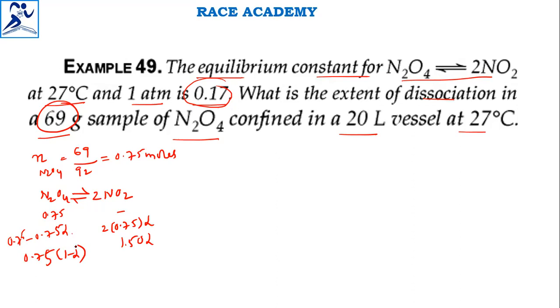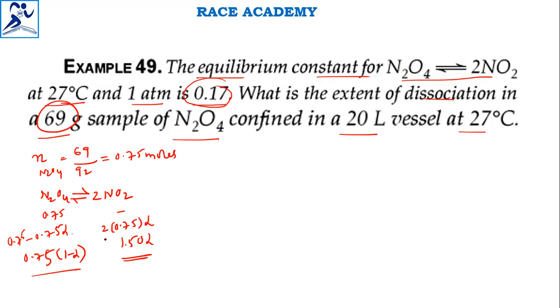Finally, 0.75 into 1 minus alpha is the number of moles of N2O4 at equilibrium, and 1.50 alpha is the number of moles of nitrogen dioxide at equilibrium.